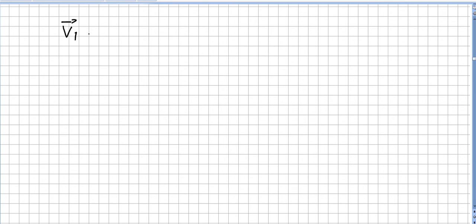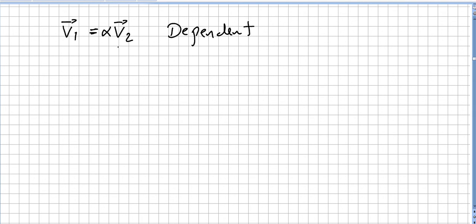Let us say we have vector v1 and we have vector v2, and if I multiply v2 by a scalar in the field, I get v1. So this one is a multiple of this one. They are multiples of each other. Well, if they are multiples of each other, then these two vectors will be dependent.